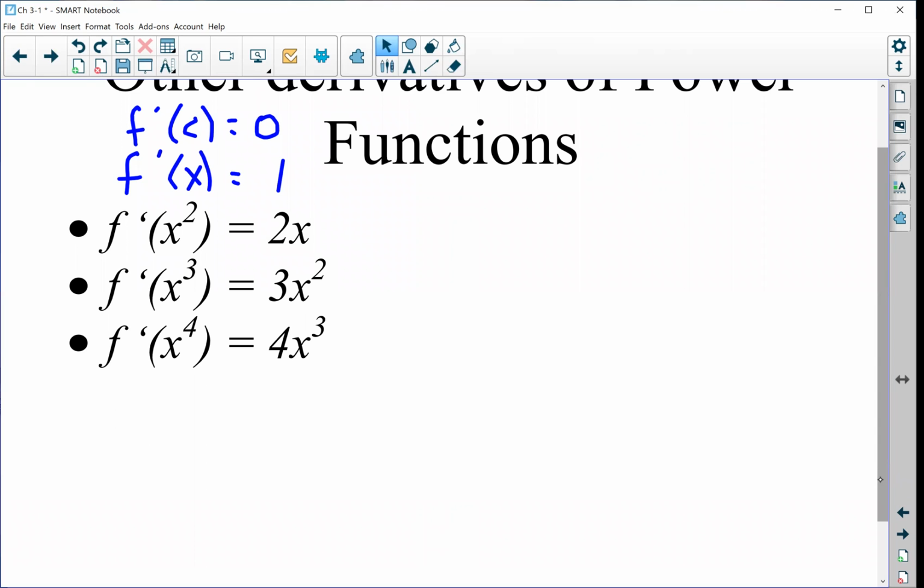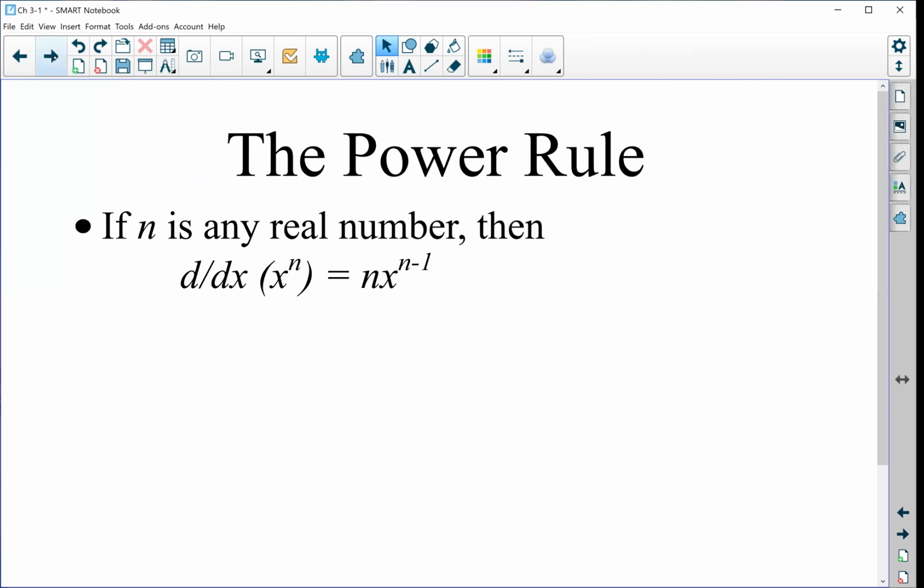So it works for fractions. It works for fractional exponents, I should say. It works for any real number power. So here it is in general.